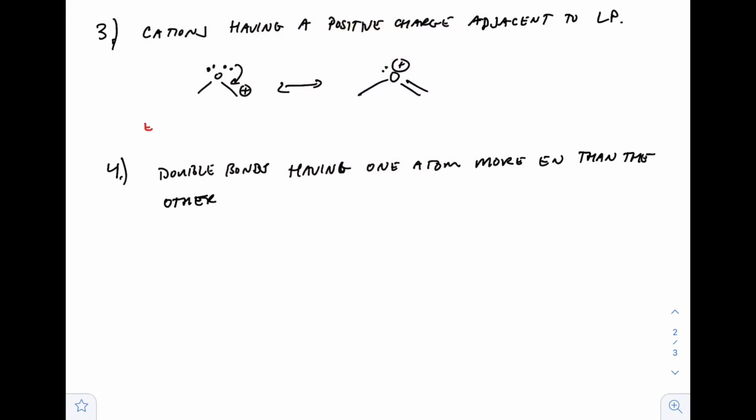Ooh, you know what? Sorry, I just remembered. I wanted to give you another example of the cations having a positive charge adjacent to a lone pair, because it's kind of a refresher for last year's chemistry. Electrophilic addition of HX to an alkyne, right? So if we have this alkyne, we have the addition of HBr, for example, and we have 2 equivalents.